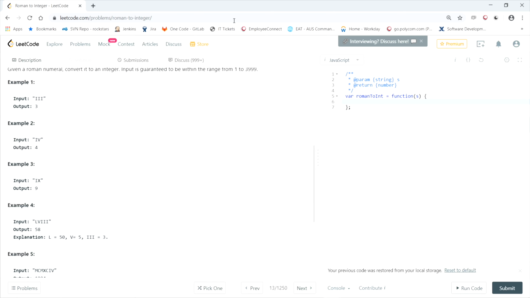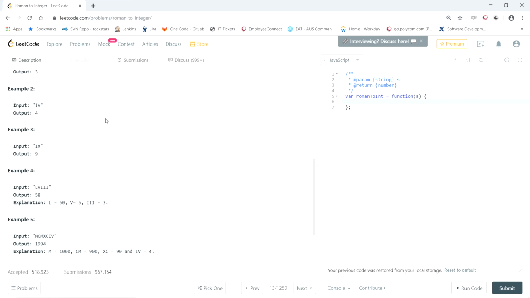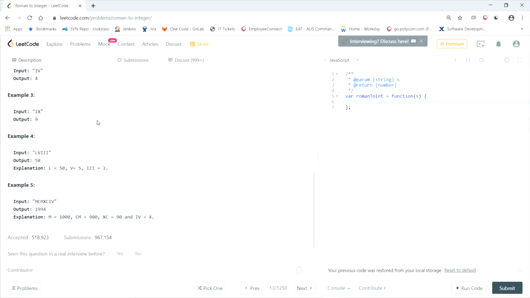Okay, example 1, input is III, and that gives us 3. We just add those 3 together. Example 2 is IV. The output is 4 because we subtract 1 from 5. Example 3 is IX because we subtract 1 from 10.